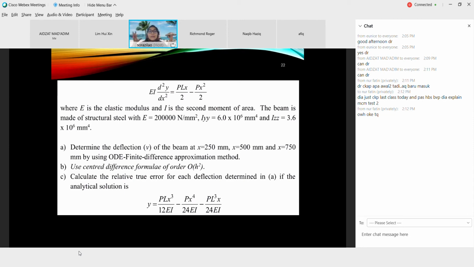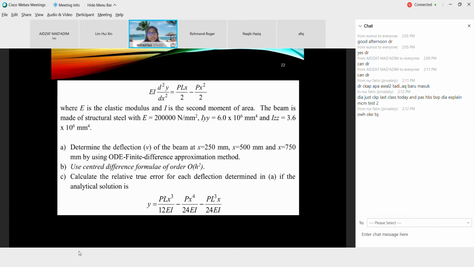Okay, and then what method can you use to increase your accuracy using boundary value problem? First method, you can reduce step size. Okay, second method, you can explore another method instead of finite difference. Okay, the larger the step size, the less accuracy you can produce in your solution.